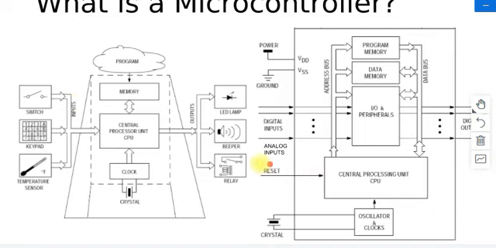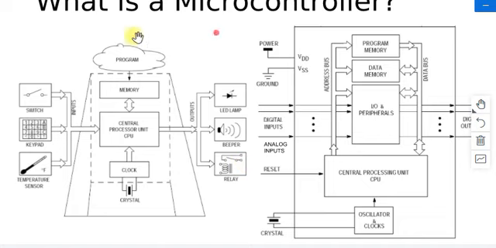And look, I already mentioned that these buses are connected to the different units. The function of the program memory unit is to store the different commands, different instructions here, and to execute the instruction you require the data memory.